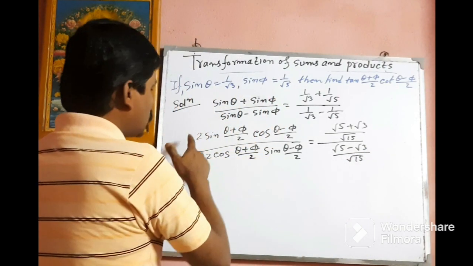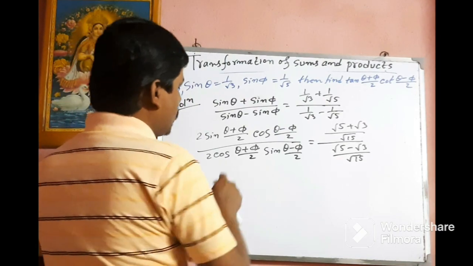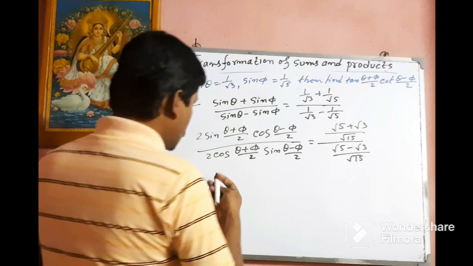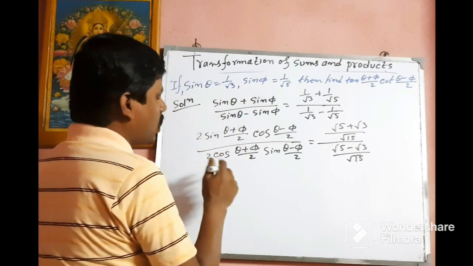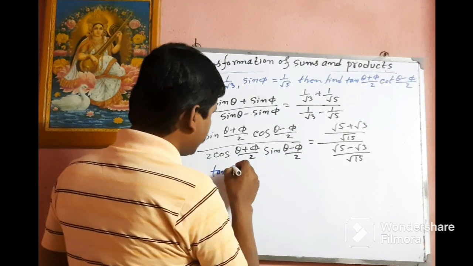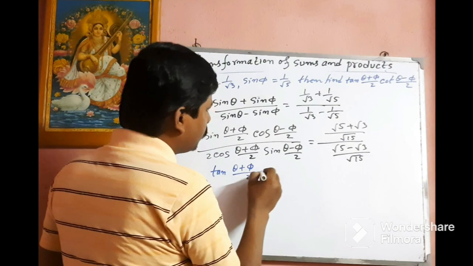Now the 2 vanishes here, and sin of (theta plus phi) divided by 2 over cos of (theta plus phi) divided by 2 represents tan. We know that sin by cos is equal to tan, that is why tan (theta plus phi) divided by 2.